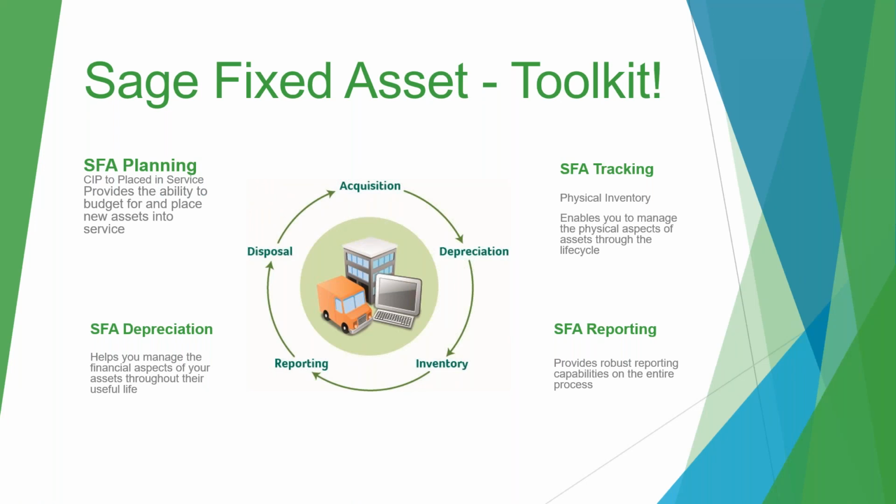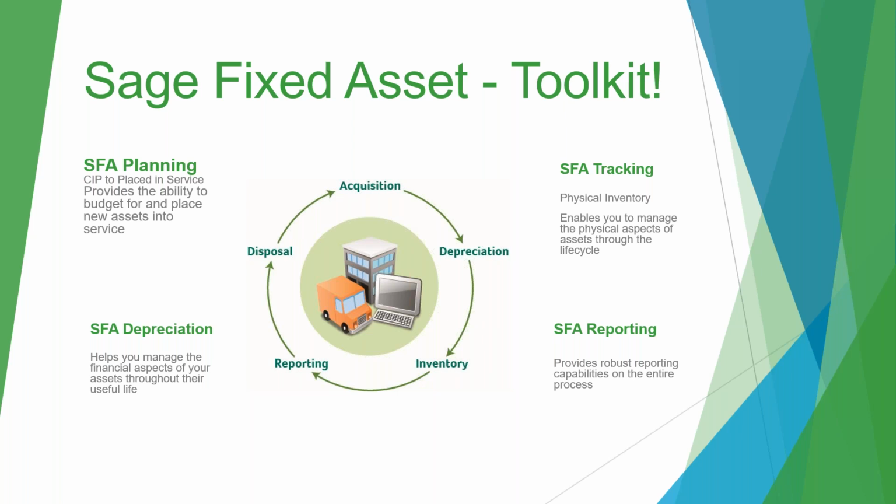So just a quick recap, as you know, the depreciation module, of course, is the core of the solution where you'll handle all of your financial depreciation for your tax book, financial book, state, and so on. And the tracking module is what's actually used for doing your physical inventory and reconciliation, where you'll be able to, for example, attach barcode labels to your assets, scan them while doing a physical inventory to confirm that you actually have all of the assets you should have where you should have them, so that you're not actually paying insurance premium, for example, for assets that are no longer in service and should have been disposed.